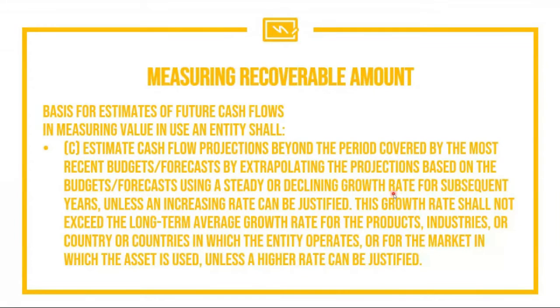For example, if the cash flow for year 5 is 200,000 and you expect a 2% growth rate, then 200,000 multiplied by 1.02 is going to be 204,000 if I'm correct. So that's going to be the cash flow for the succeeding period.